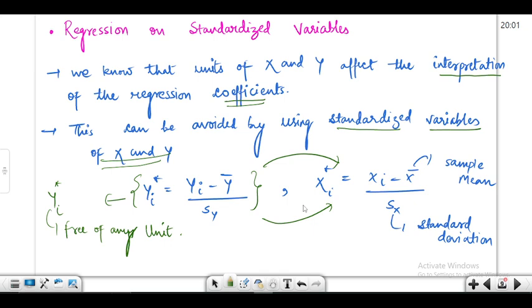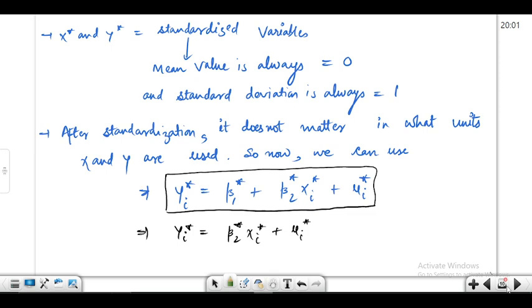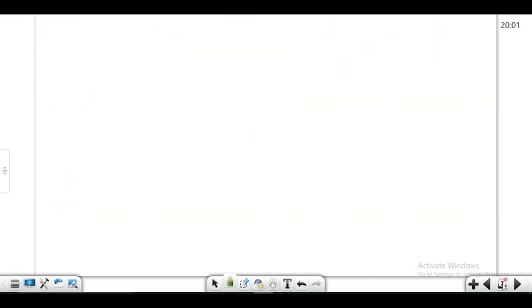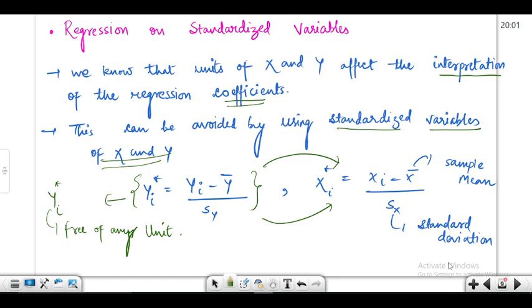So we'll see how we interpret the new regression equation that we get using the standardized variables. Your x star and y star are called your standardized variables, achieved with the help of these formulas.